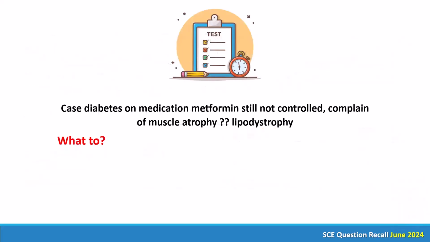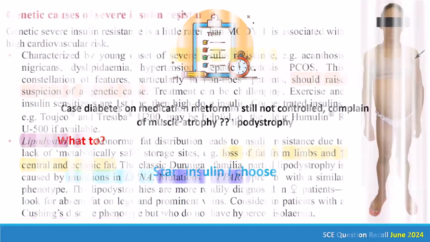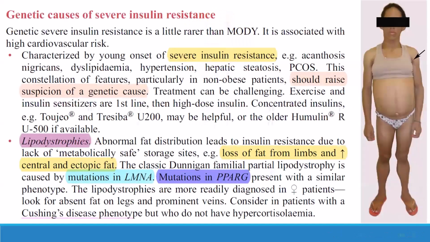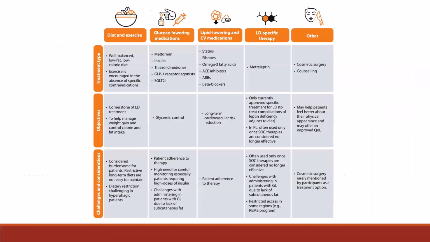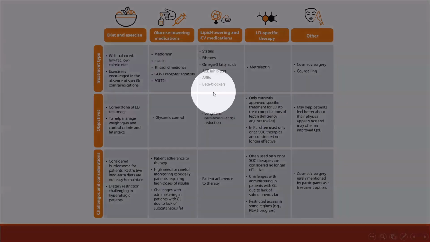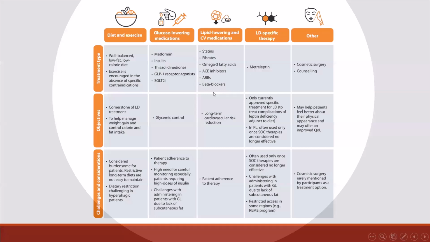Another question in the same exam: a patient with diabetes on metformin is still not controlled and complains of muscle atrophy, and the question may be lipodystrophy. What to do for lipodystrophy? Start insulin therapy. If we suspect lipodystrophy like this, the most important treatment, and actually this table is from the net, includes metformin, insulin, glitazone, GLP-1 receptor agonist, SGLT2 inhibitor.